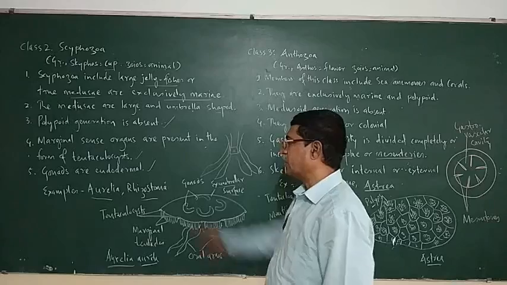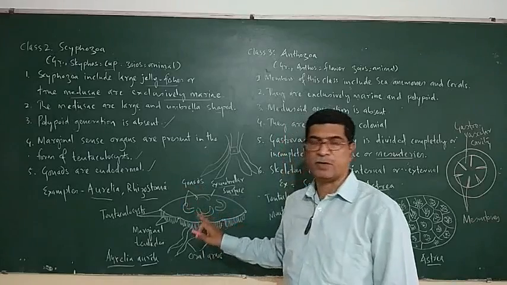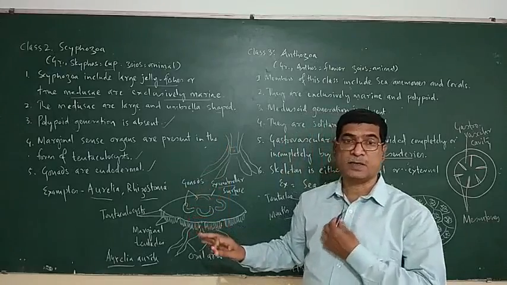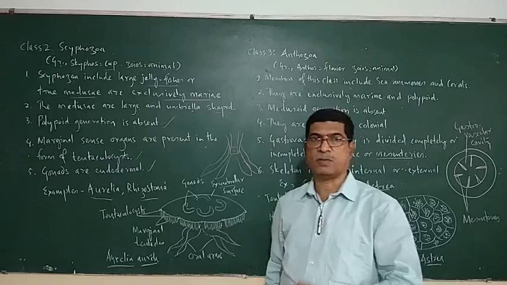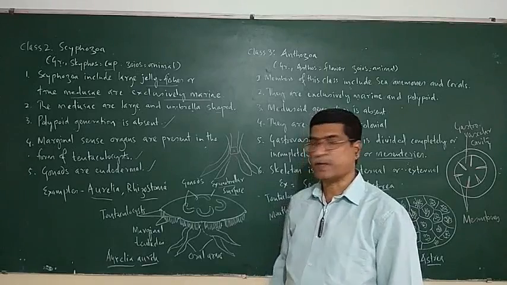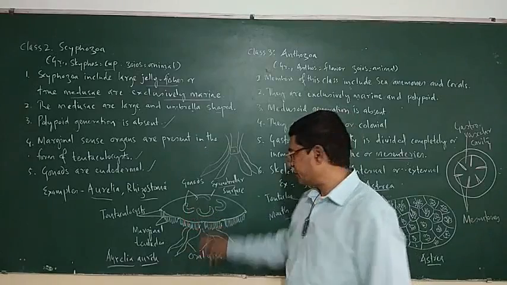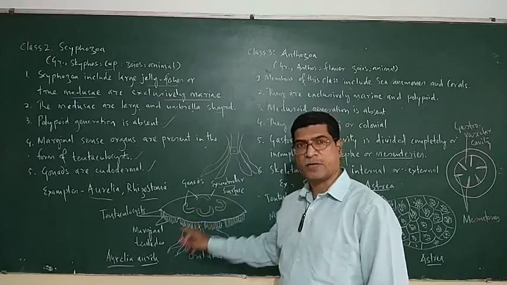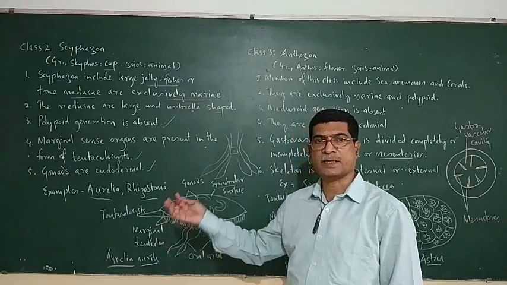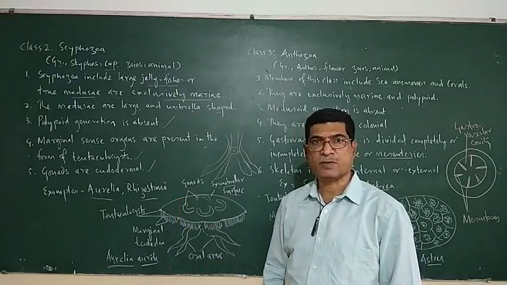The gonads here are endodermal, not ectodermal. In the case of Hydra, the gonads are ectodermal. In hydrozoans, gonads are ectodermal, whereas here they are endodermal. They produce sex cells, and these sex cells are released into the gastrovascular cavity.